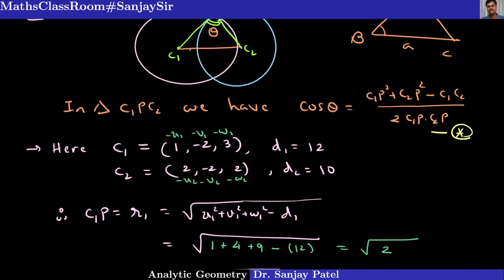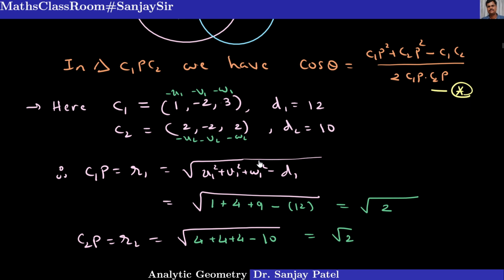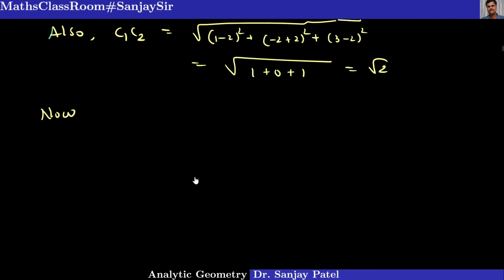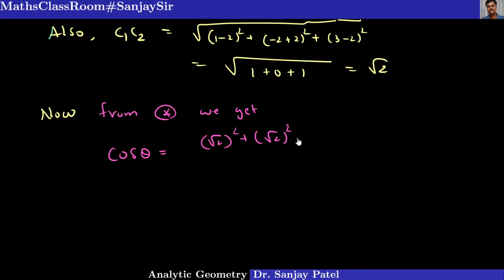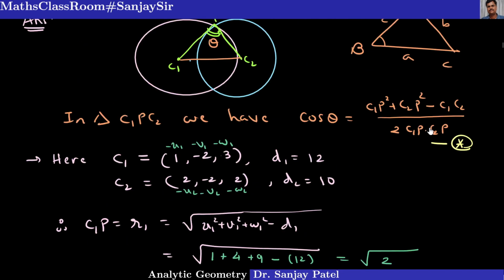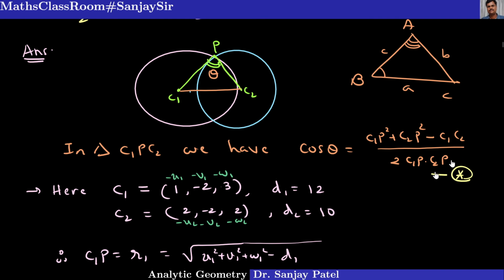So from star, C1P square plus C2P square minus C1C2 square, we get cos theta is equal to C1P square plus C2P square minus C1C2 square, that is root 2 square, upon 2 times C1P into C2P. All radii and all values are root 2 only. I am just putting the values of all the numbers in this star: C1P, C2P, C1C2, everywhere.